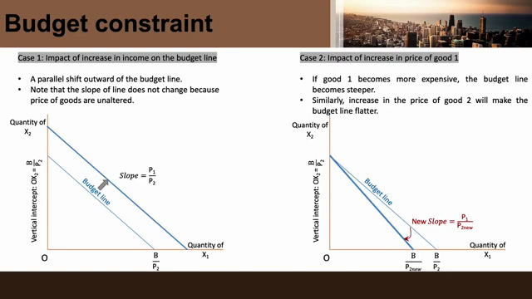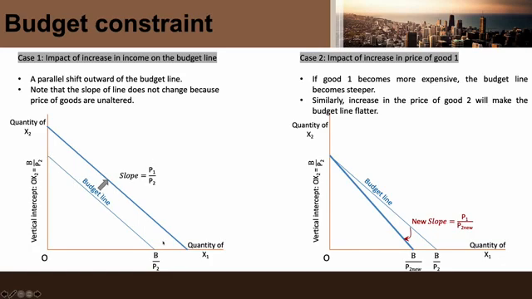How does the budget line move if the income increases, which is case 1 here, where we are trying to understand the impact of an increase in income on the budget line. We are saying increase in income, which means that the prices of good 1 and good 2 are not changing, and therefore the ratio of the price of commodity 1 and commodity 2 is not changing, which is also the slope.